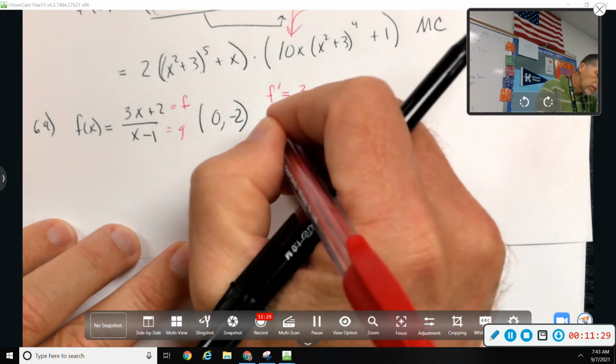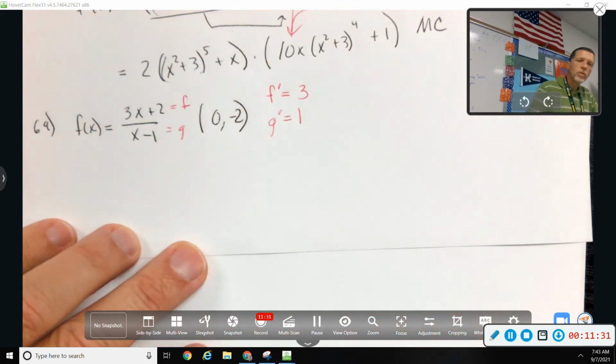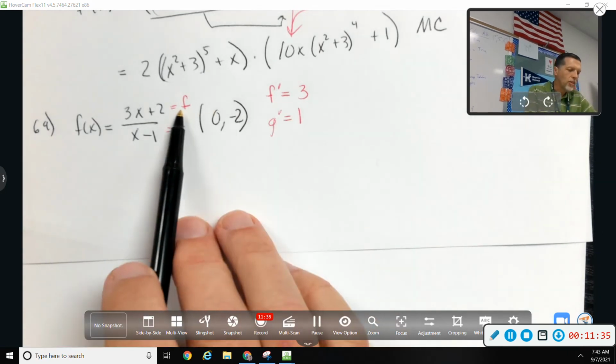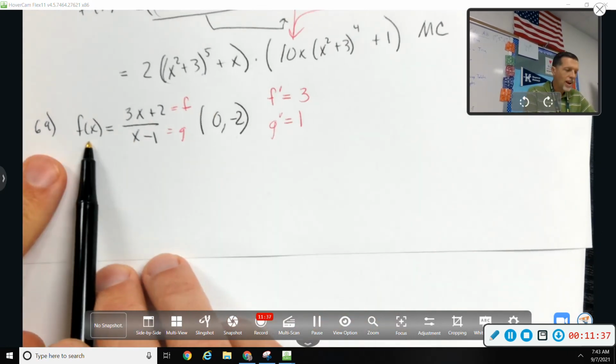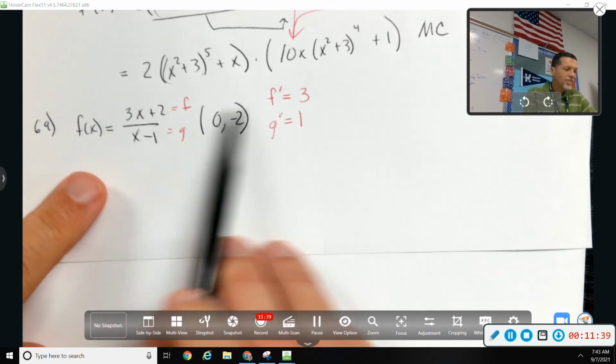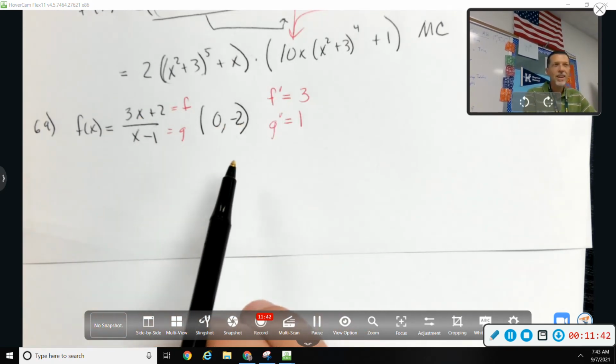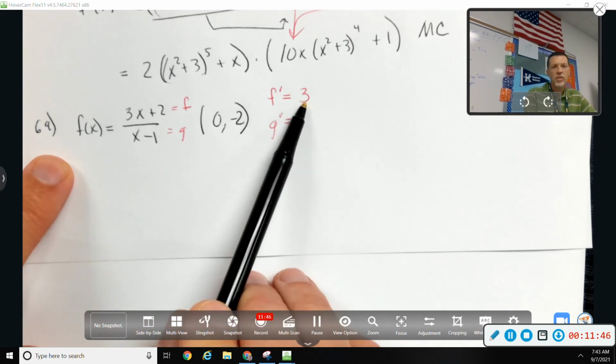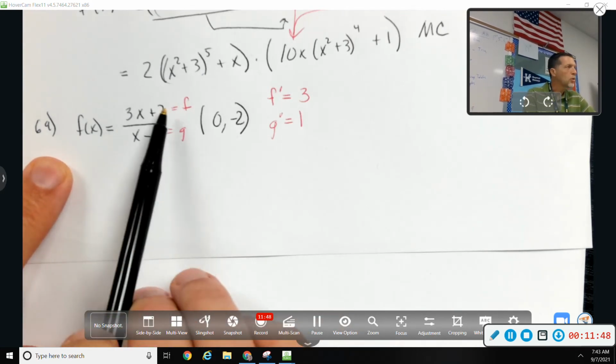Derivative of the top is 3. Derivative of the bottom is 1. Oh, I should be careful. The function's called f, and then I'm calling the top f. That's okay as long as you keep it straight in the end. Like, it asks for f prime, which is going to be the quotient rule of this.